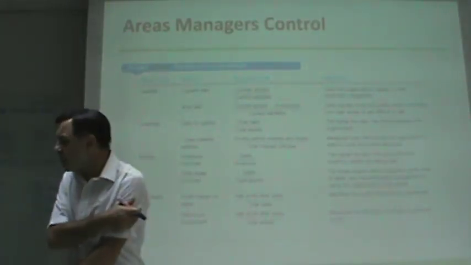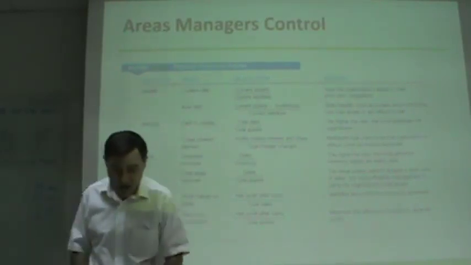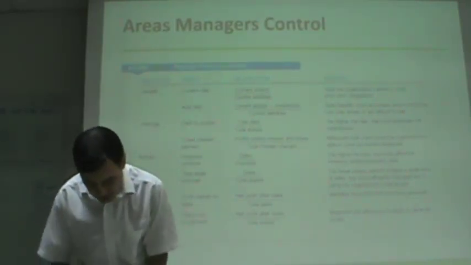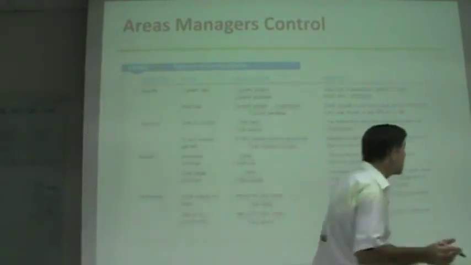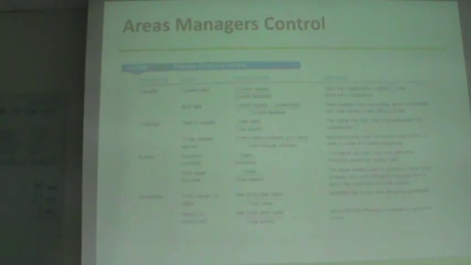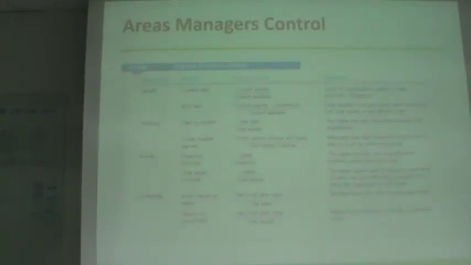Now, the areas that we measure, the slide is again a little bit tricky. We have 3 areas, so let's do the 3 areas over here. First area is finance. The second area is information.